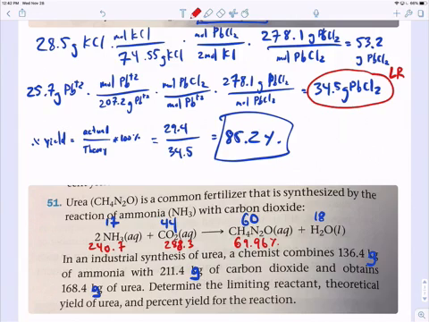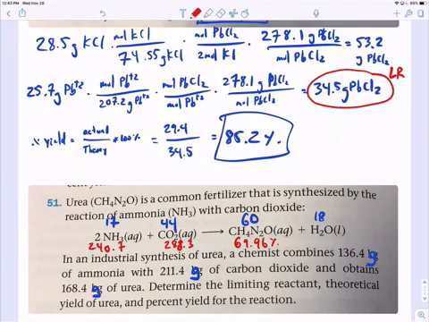It's 60. Oh, I see. This is grams for maltose. 60 grams per 60 grams. Is that it? Yeah. Yeah, you got it.